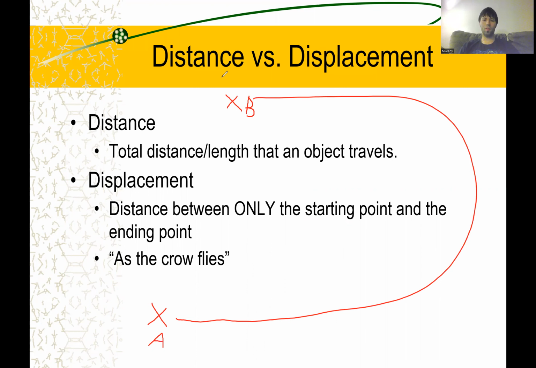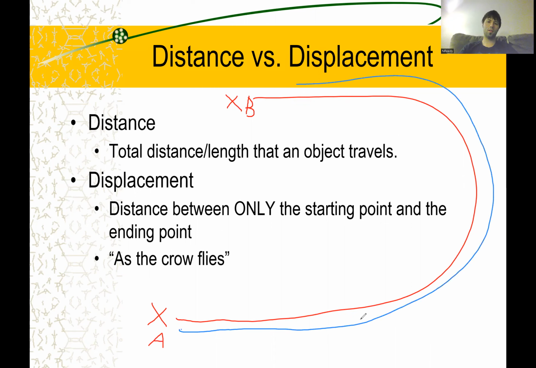Okay, so his distance would be the length that he travels. So he's traveled all the way here. So this is his distance. If I followed that red line all the way around, that would be his distance. Let me make that a little bit nicer.